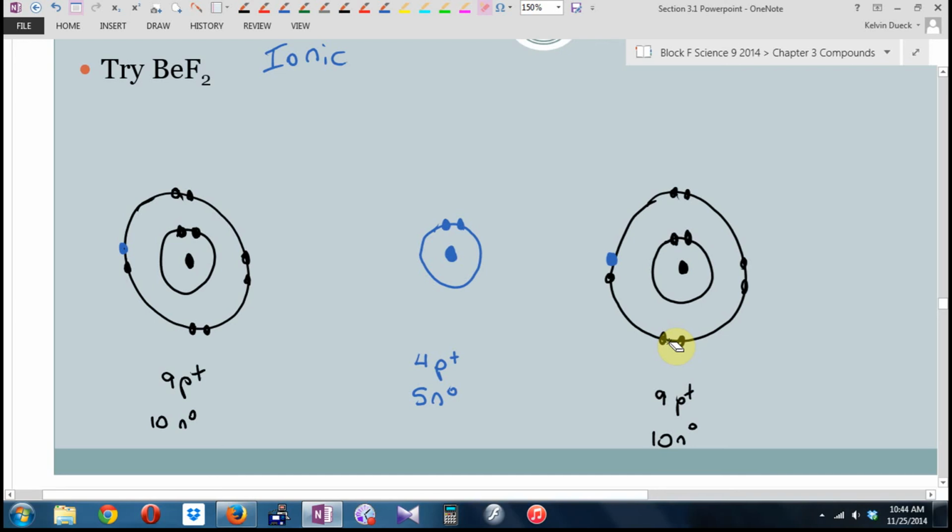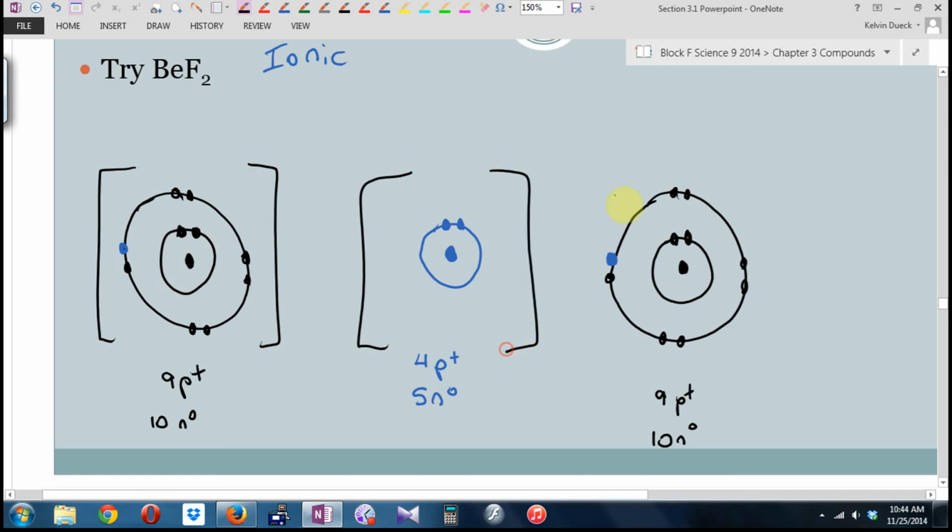How do you know? Protons and electrons don't what? Don't match. How do I show that it's an ion? And the ion charge, negative, 2 plus, negative.